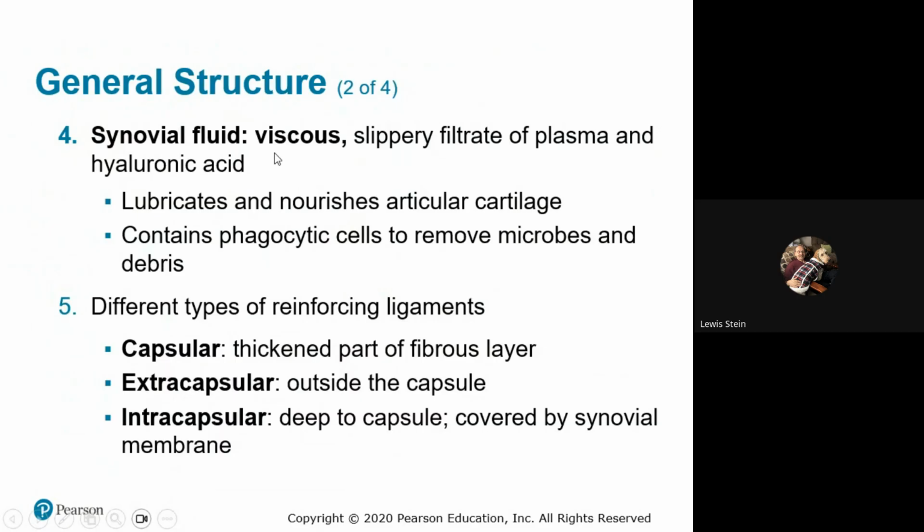Synovial fluid is viscous, slippery. It has plasma. What gives it that is hyaluronic acid, something that we see a lot of in joints. You go into any pharmacy, Costco, or Sam's, where all the meds are, and you see these giant bottles with MSM, glucosamine, hyaluronic acid.